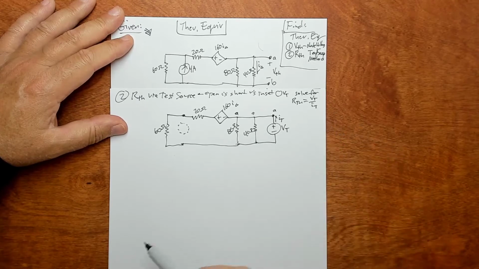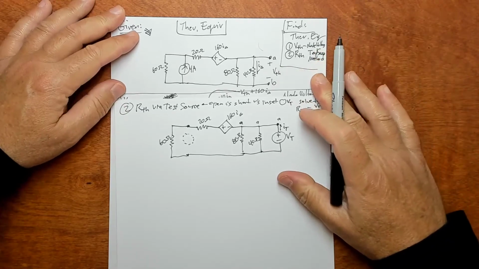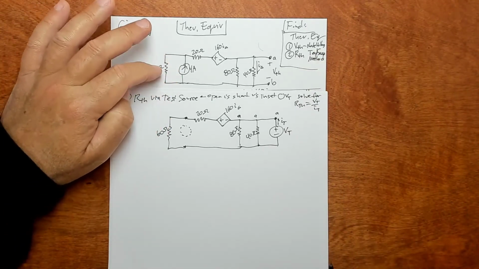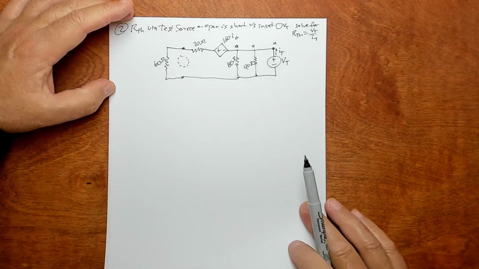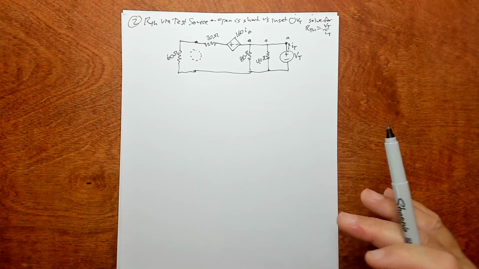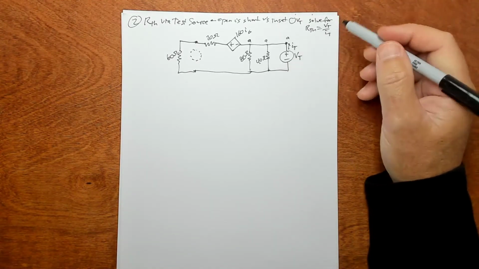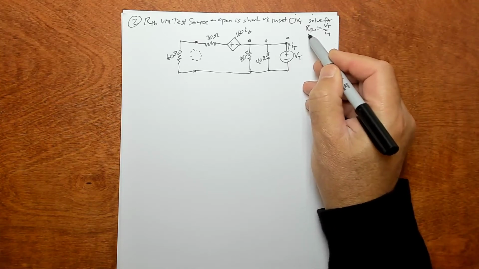That's the method. So that's why I left the original circuit nice and pretty, because I wanted to start over at the original circuit to do R sub Thevenin solution here. So for this method here, what we want to do is look around and find an expression for V sub t over I sub t, and that'll give us R sub Thevenin.